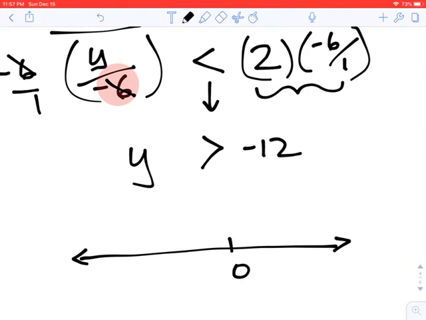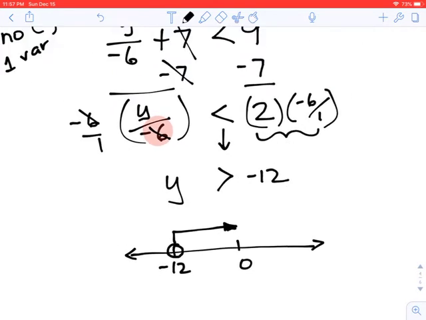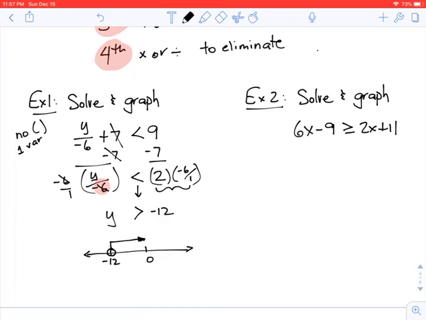We need 0 and -12. Our boundary point, our critical spot, -12, does not get filled in. Only the values to the right are the values that work. Okay? So there we have the solution. Y is greater than -12 and the graph.